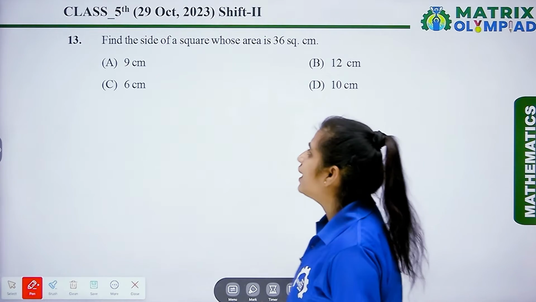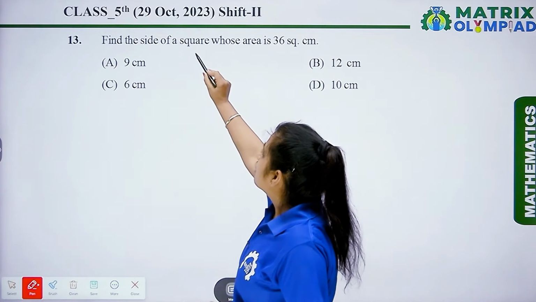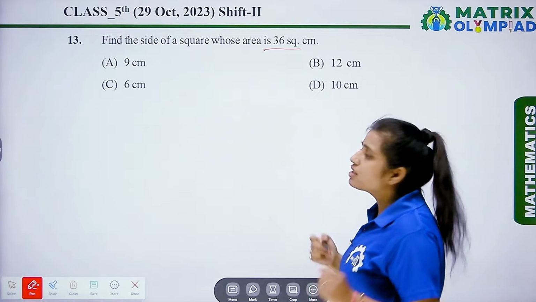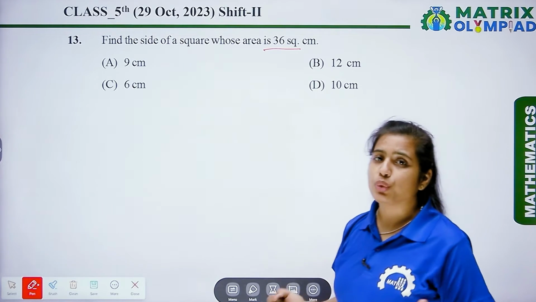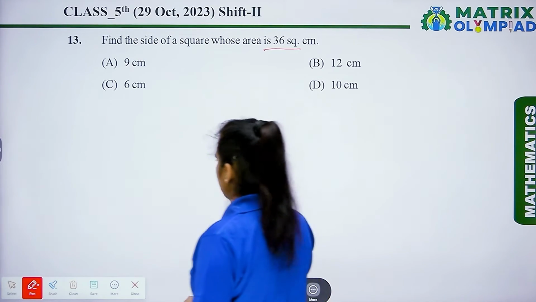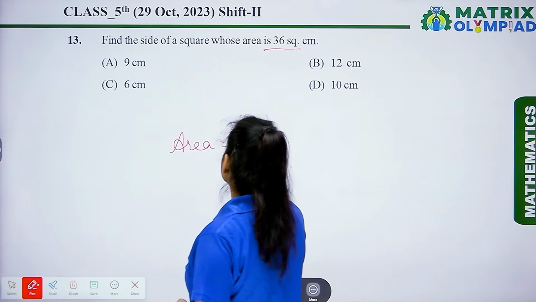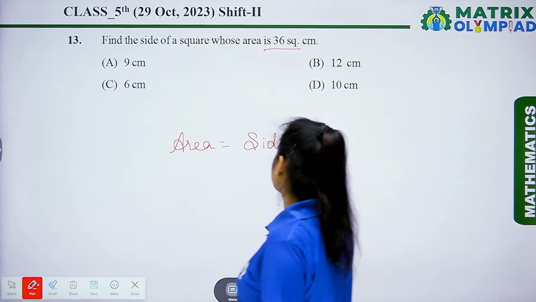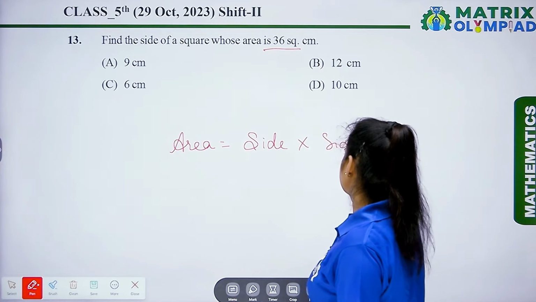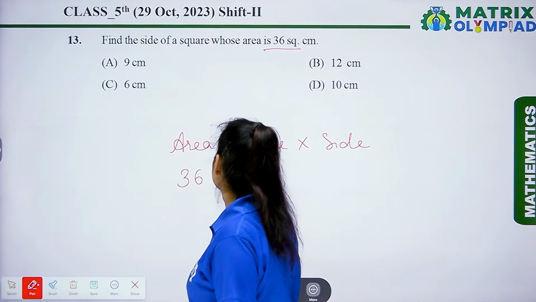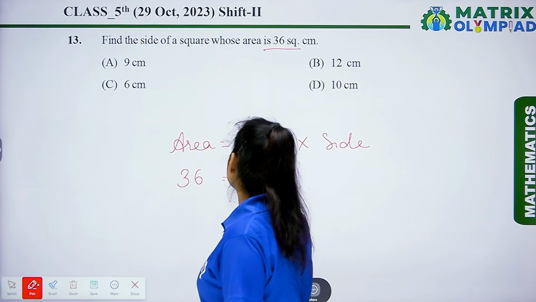In this question, we have to find out the side of a square whose area is 36 square centimeters. So we know the area of the square. What is the area of a square? That is side into side. So the area is given to us, that is 36 square centimeters.